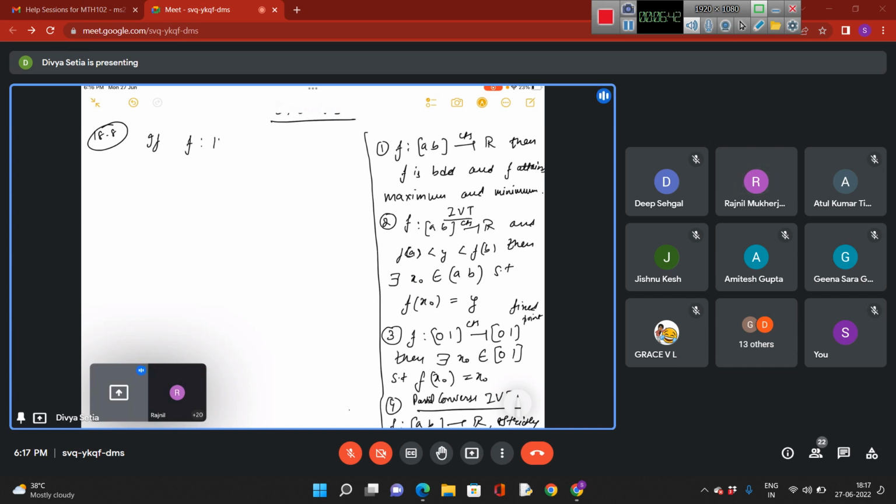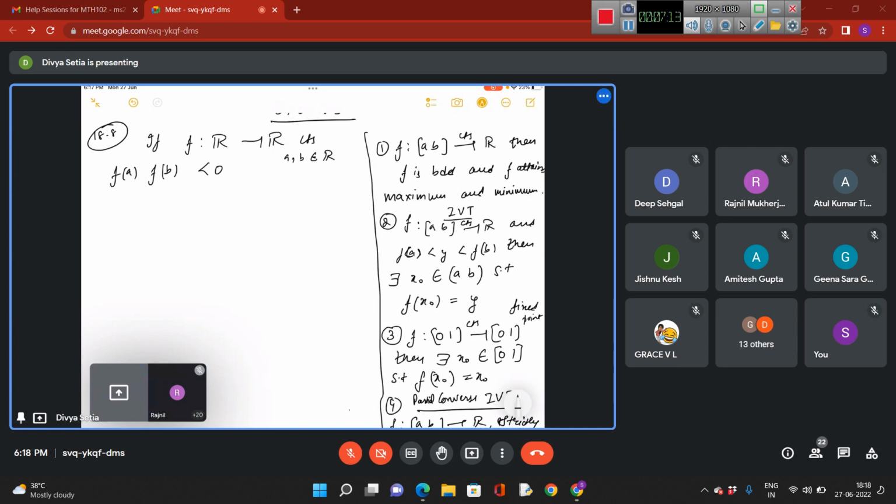So the question is, f is a continuous function from R to R, such that f of A times f of B is less than 0. Suppose A and B are 2 points in R, and f of A times f of B is given to be less than 0.